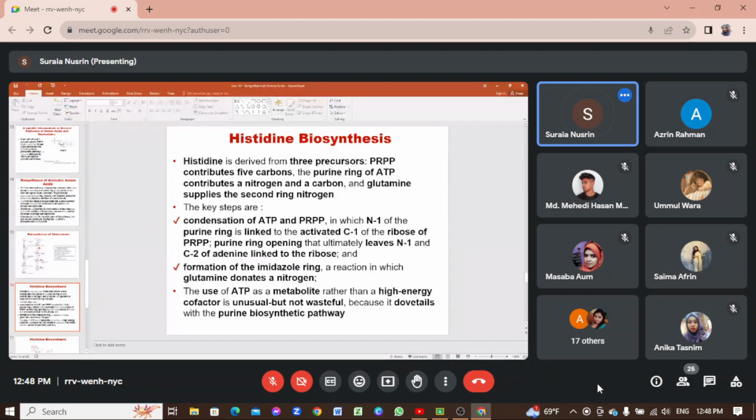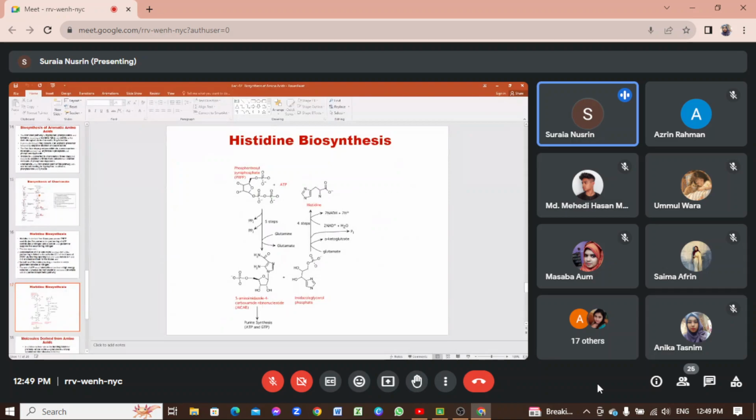So it seems like a waste of energy for the cell. Ultimately that is not happening, because the intermediates produced in this pathway lead to the purine biosynthesis pathway.